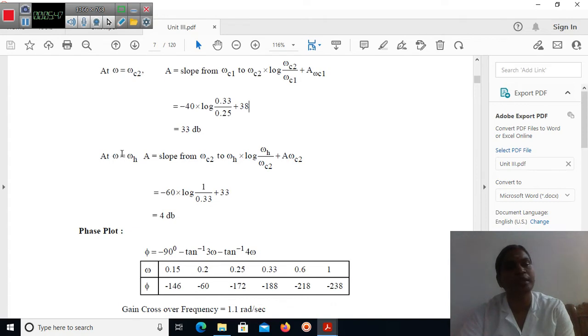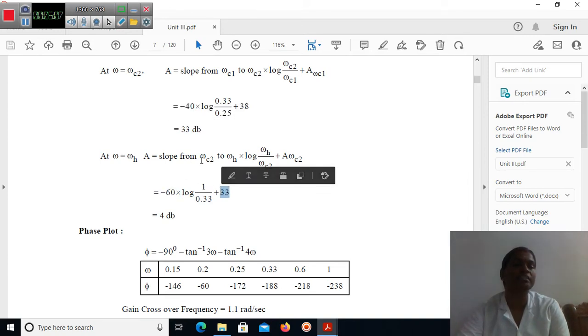And next, omega equal to omega h, the gain value is equal to the slope from omega c2 to omega h into log of omega h divided by omega c2, plus the gain of omega c2. Here the gain of omega c2 is equal to 33 dB, so we can substitute 33 here.